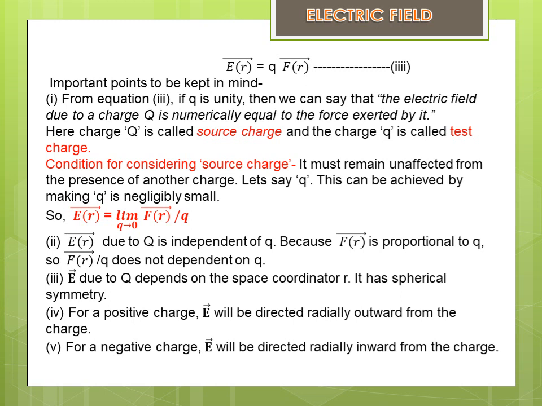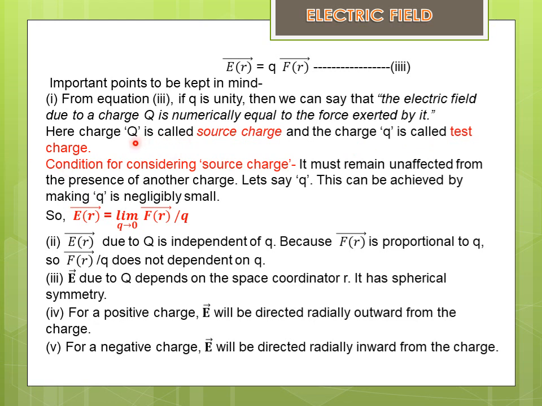Now if this q is equal to unity, then we can say electric field is numerically equal to the force exerted by the charge Q. Here, the Q is called the source charge and the small q is called the test charge.